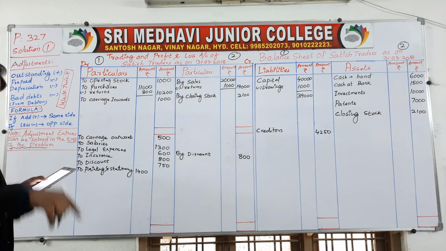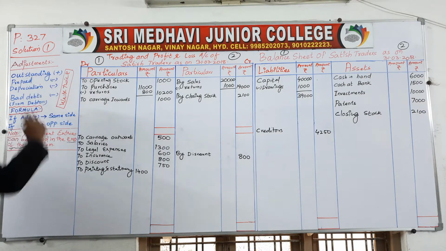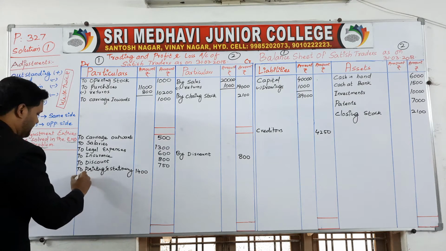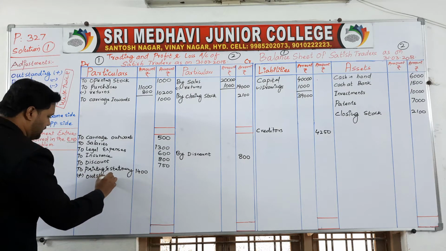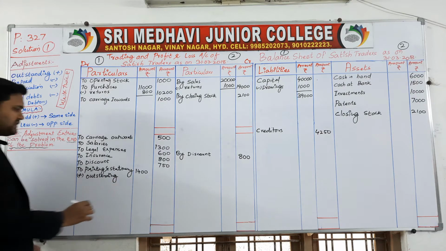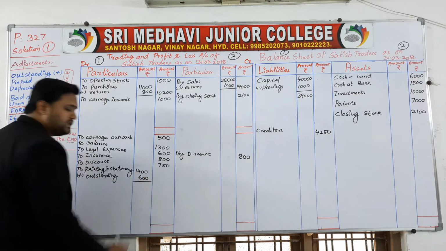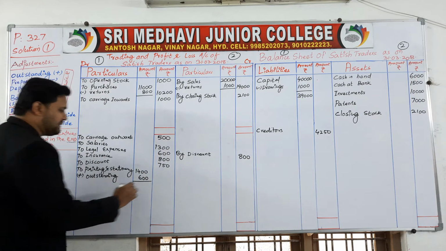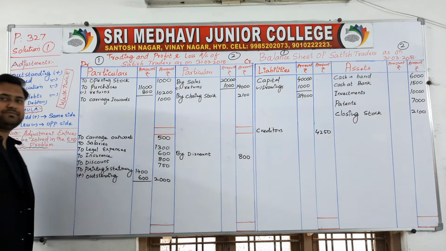Now what is the adjustment entry? Outstanding stationery. Outstanding, you have to add. How much is given? 600. So if you add 600 to the 1,400, how much will you get? You will get 2,000.